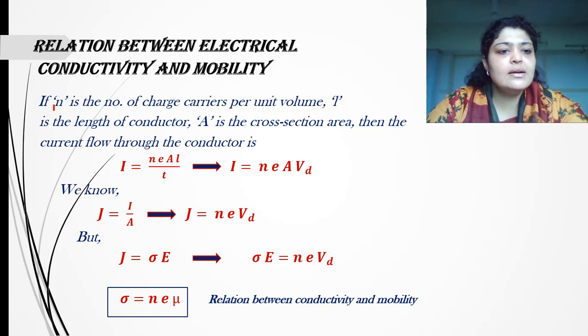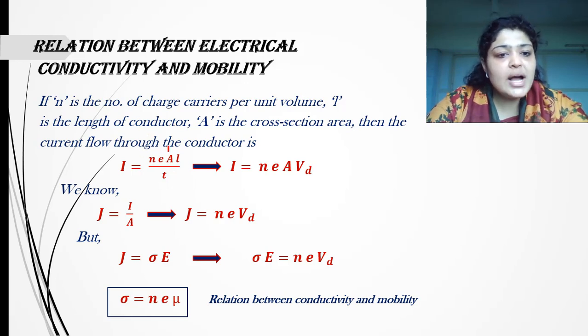So let us start. If I say n is the number of charge carriers per unit volume, that means the density of any conductor, L is the length of conductor, A is the cross-sectional area of conductor, then I can say the total current flowing through the conductor is equal to total charge upon the time taken. This is the standard equation of defining current, the charge upon time.